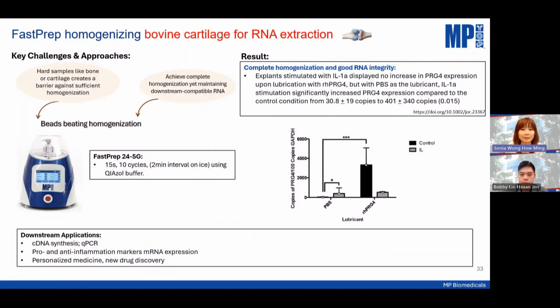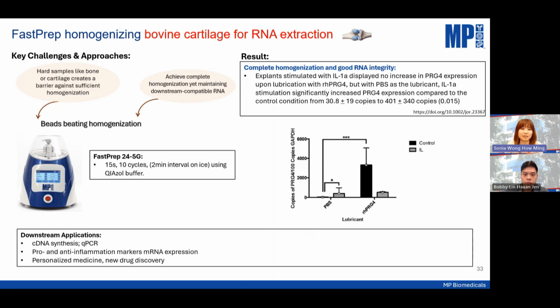So the example of case study that I've chosen for this challenging one would be a paper that studies bovine cartilage, where they are trying to get good quality RNA from bovine cartilage because they are studying the lubricant, as well as if they introduce externally a lubricant for an inflamed joint. So would it actually help in upregulating some markers that actually reduce the friction, for example, in osteoarthritic patients?